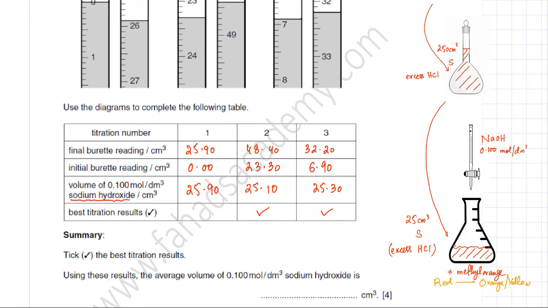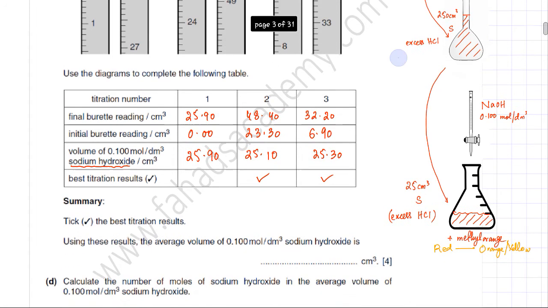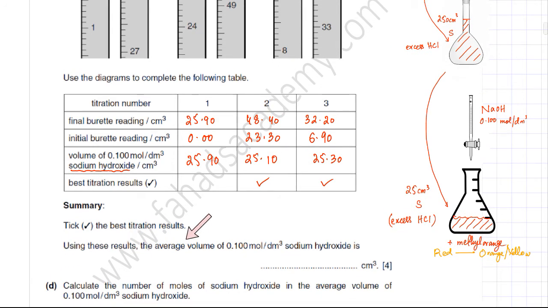And in the next part, we have to calculate, using these results, the average volume of 0.1 mole per decimeter cube NaOH. So we've got two values from two experiments. So we're going to take the average of the two values, which is going to be 25.10 plus 25.30, and we are going to divide that by 2.